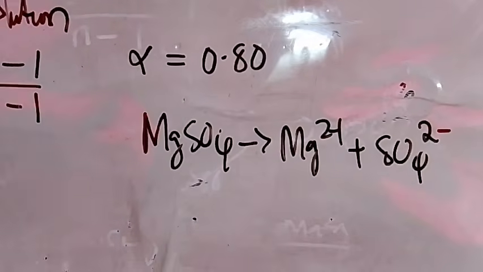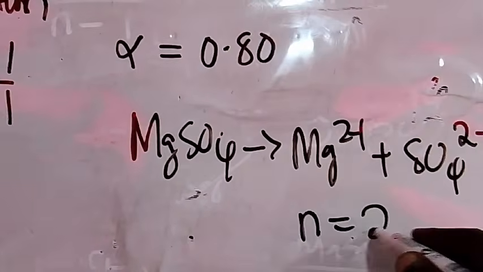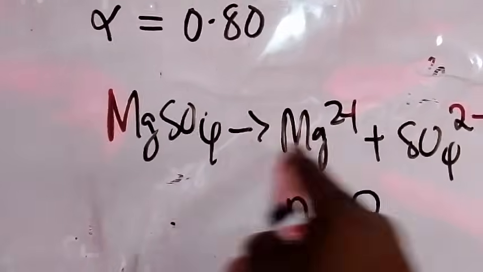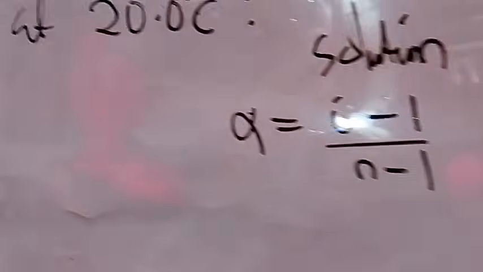So clearly N is equal to 2, the number of ions, 1 plus 1.